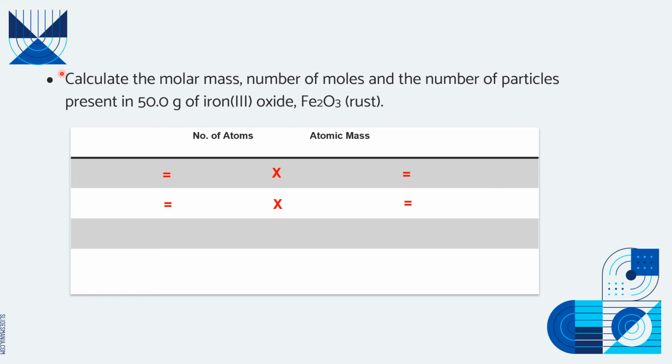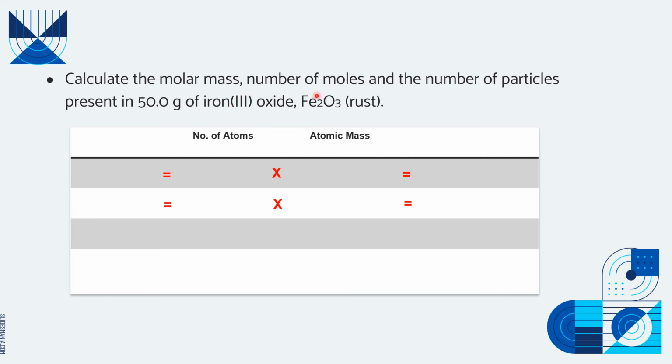So this time, what we're going to do is identify the molar mass of iron oxide, the number of moles, and the number of particles, or we can say molecules or atoms, in 50.0 gram of iron oxide. Okay?